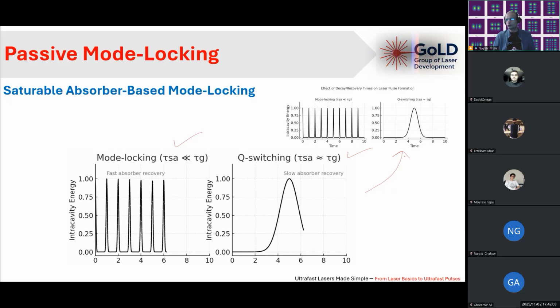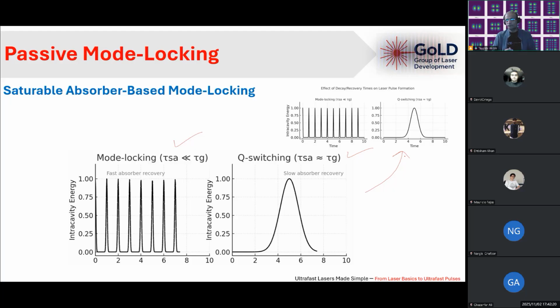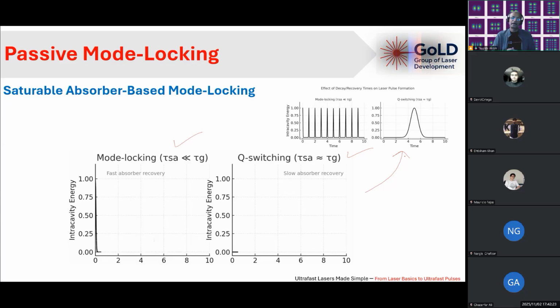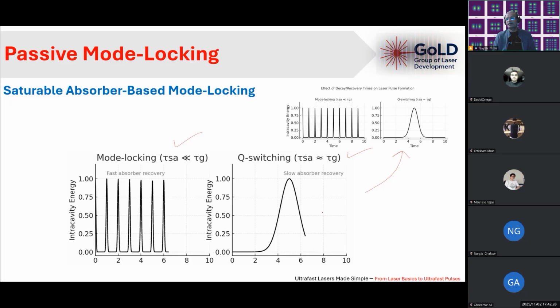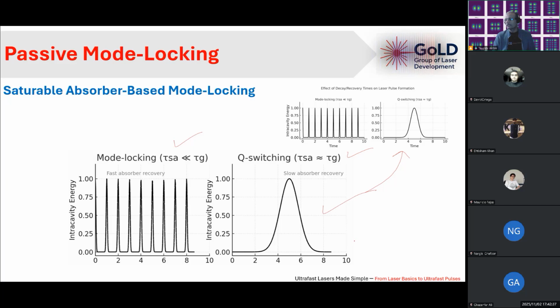Mode-locked pulses mean that the recovery time of the absorber is less than the decay time of the gain medium. And here on the right side, this is a giant kind of pulse, of longer duration, but in this case the absorber is slower than the gain decay time.